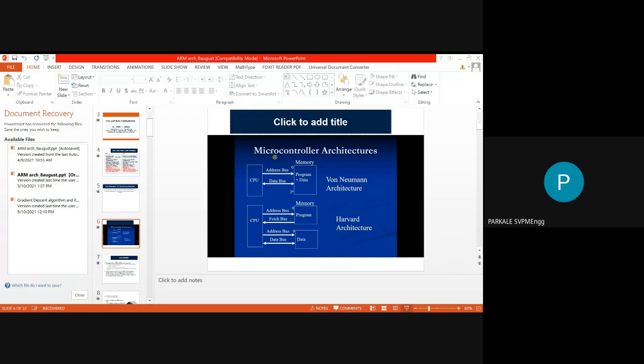Now the third point is ARM history. ARM is an Advanced RISC Machine, we know that. But how did the ARM company get established, or how did it evolve over time? That is some history about ARM. So what happened in 1970? Memory was costly, so a compact instruction set was required. Since memory was costly, you had to design an architecture with a very small, reduced set of instructions.